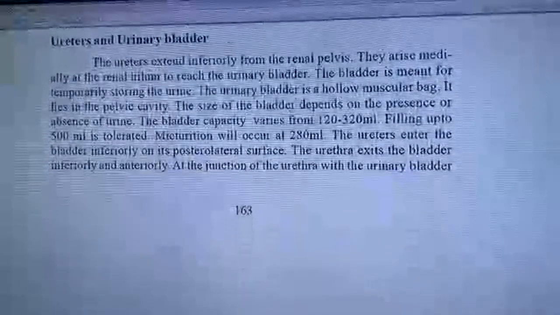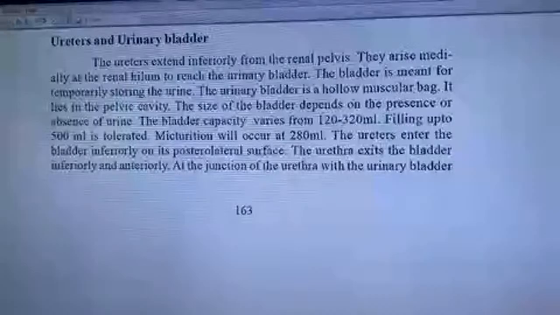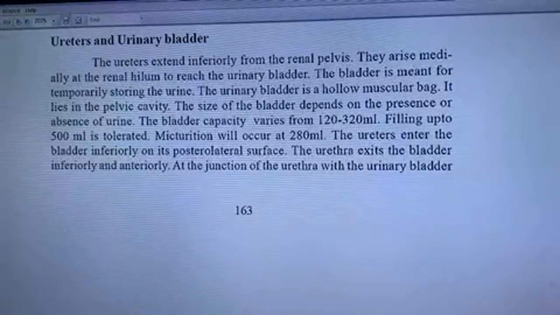Ureters and urinary bladder. The ureters extend inferiorly from the renal pelvis. They arise medially at the renal hilum to reach the urinary bladder. The bladder is meant for temporarily storing the urine. The urinary bladder is a hollow muscular bag. It lies in the pelvic cavity.